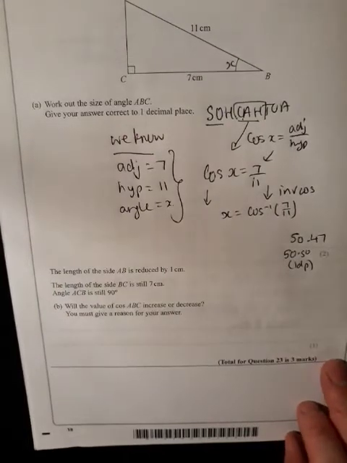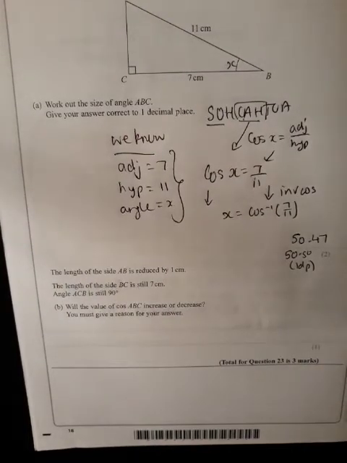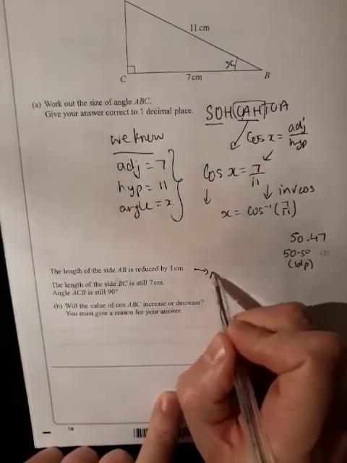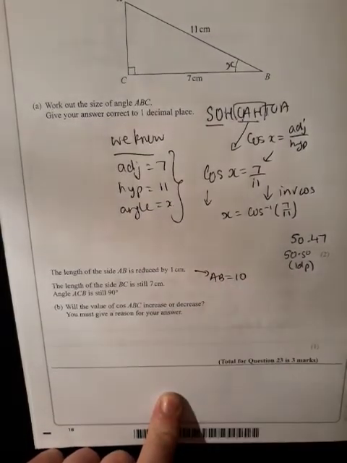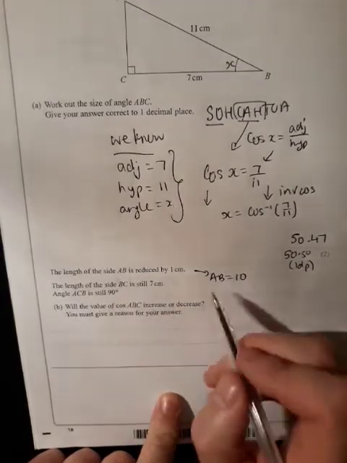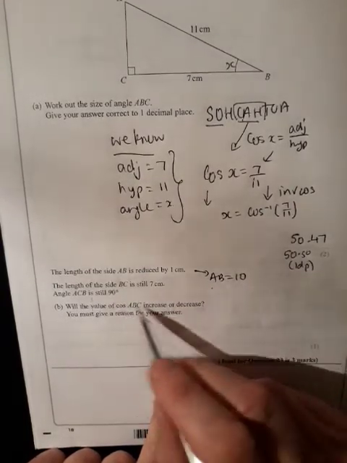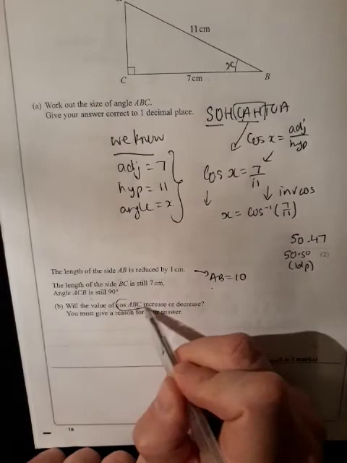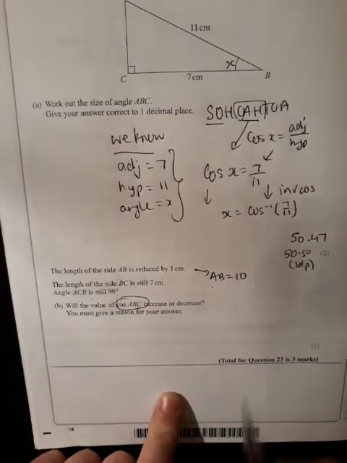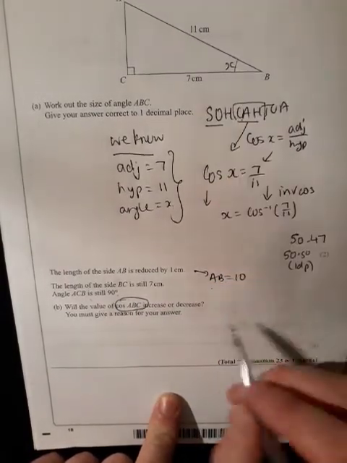Then it says the length of side AB will be reduced by 1 centimetre. So that means now AB would be equal to 10. The length of BC is still 7. The angle will be 90 degrees. Will the value of cosine ABC change? Now, a lot of people think it's talking about the angle sides. Okay, so let's look at this.